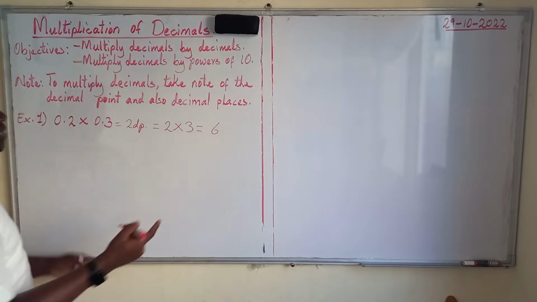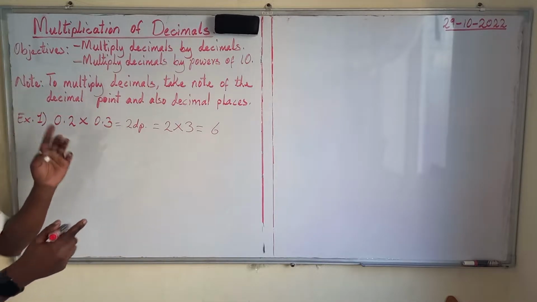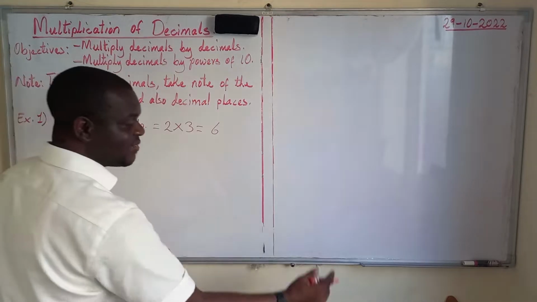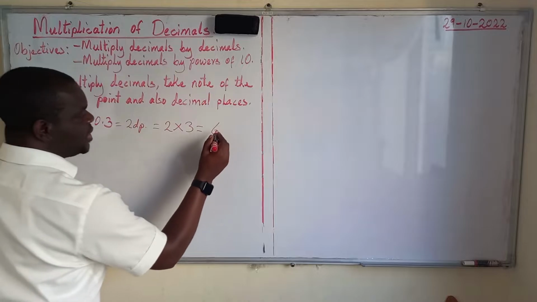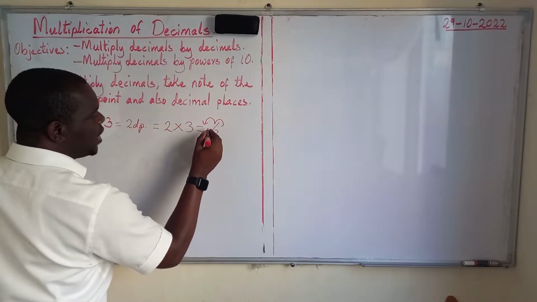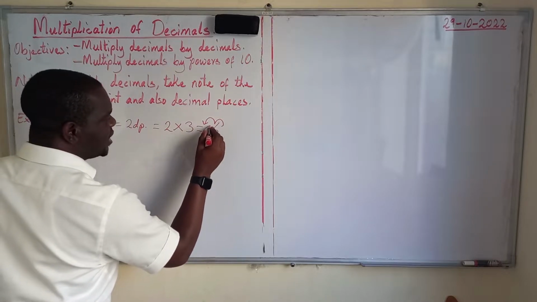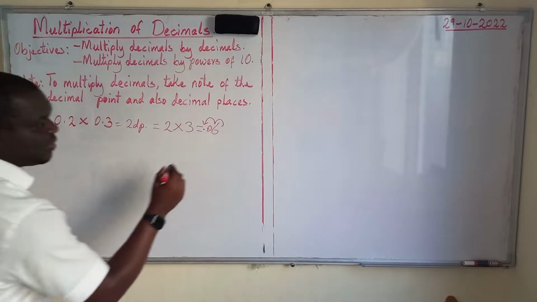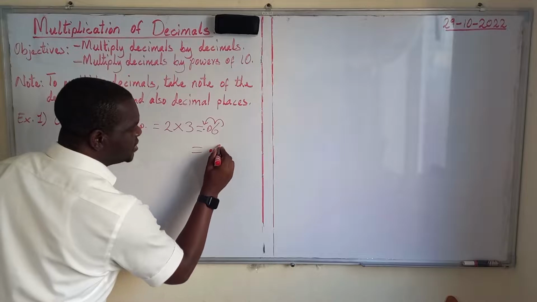This is not our answer because we have 2 decimal places. And to count the number of decimal places in our answer, we count from right to left. So it is going to be 1 and 2. And where there is nothing, we fix a 0, and where the arrow is pointing, we have fixed our decimal point. So our final answer will be 0.06.